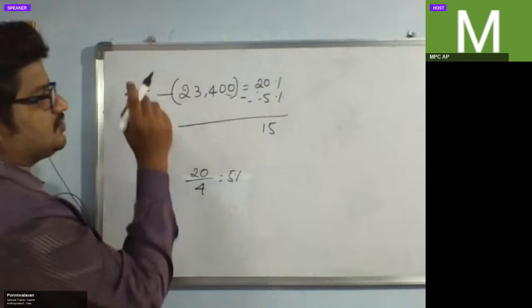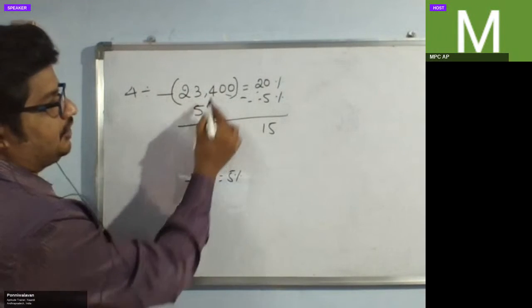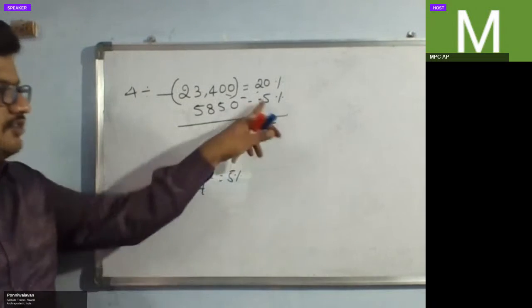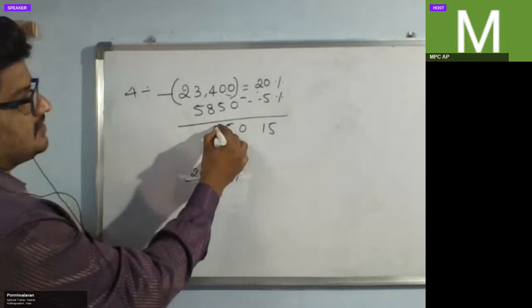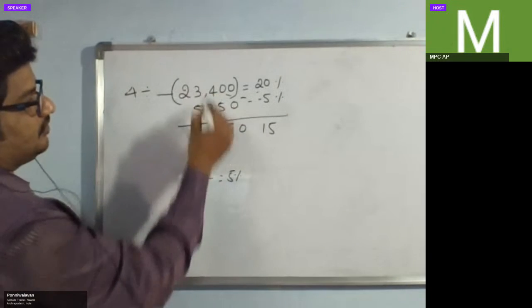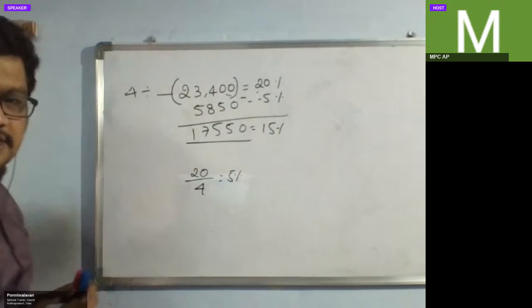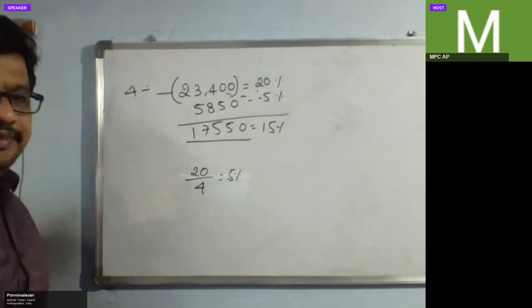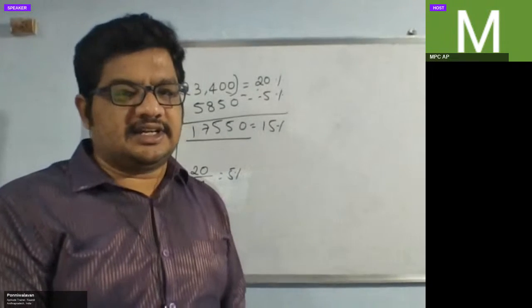Subtracted, you will get the answer 17,550. Whichever is comfortable for you, you can apply. And the next type.